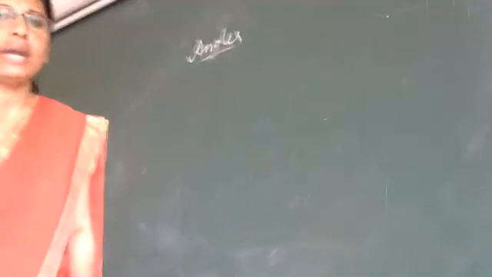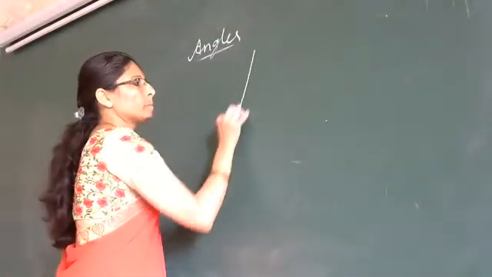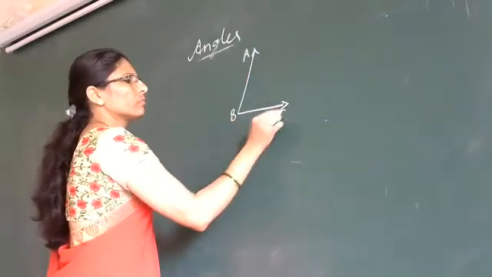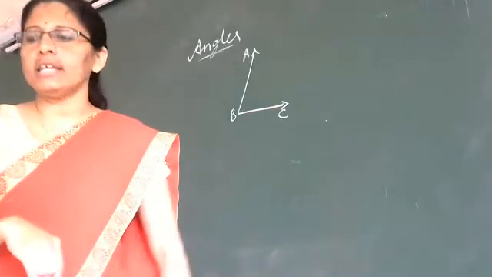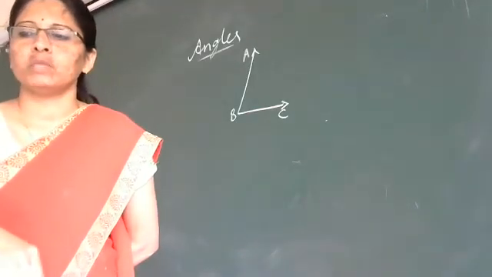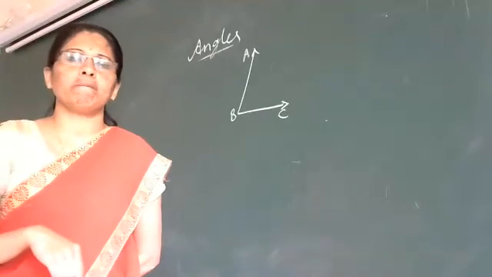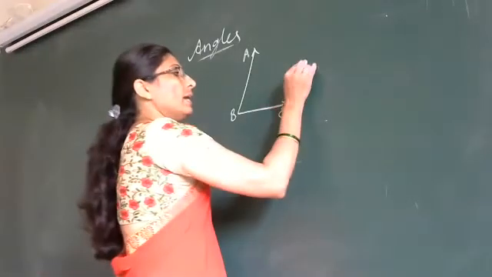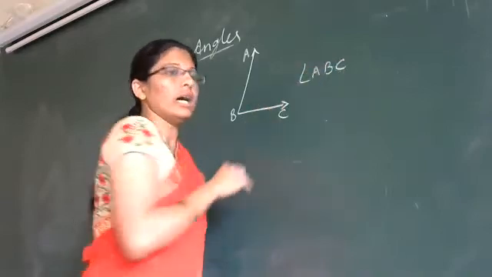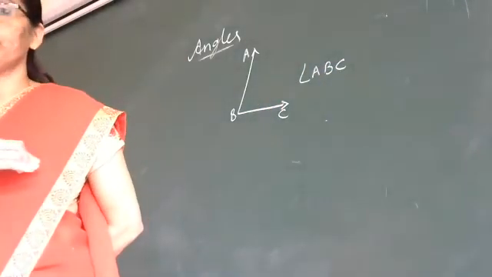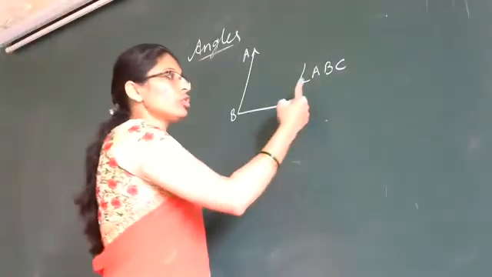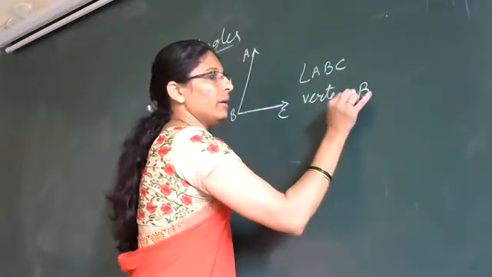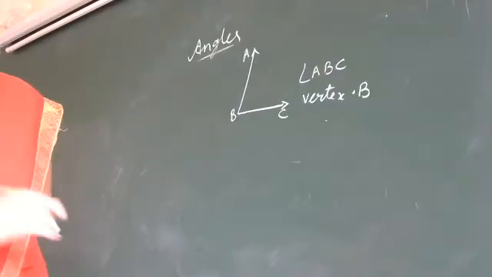Okay. So 3 ways, which ways? Name the angle using 3 ways. And ABC is angle ABC. So here in angle ABC, vertex is which? Vertex is B. And sides.